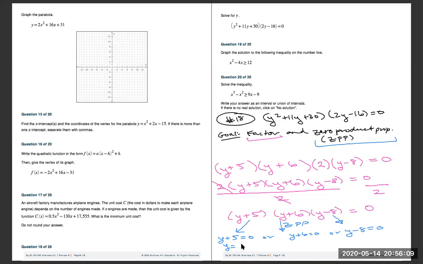So y can equal -5, or y can equal -6, or y can equal 8. So the solution for number 18, y can be -5, -6, or 8.